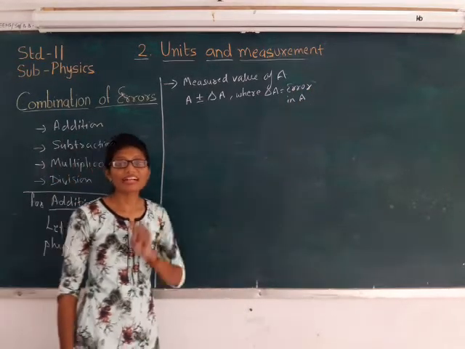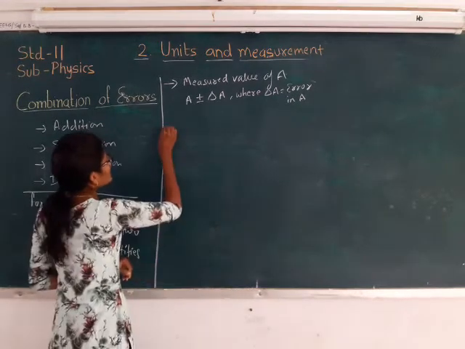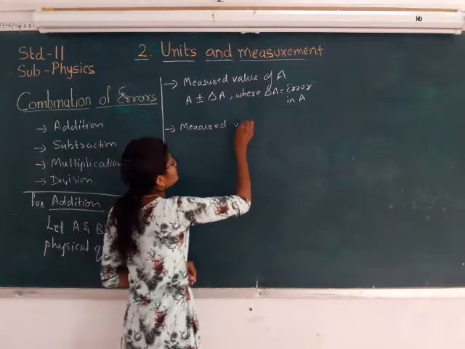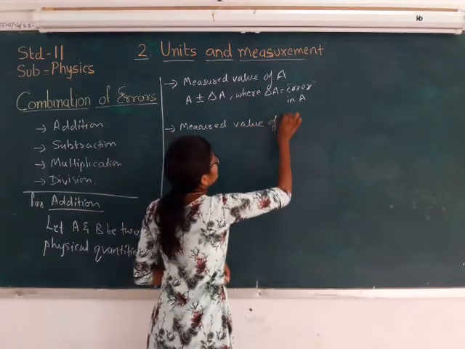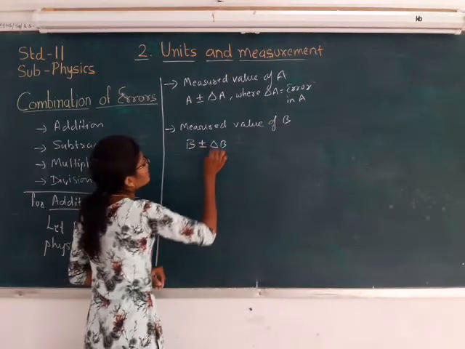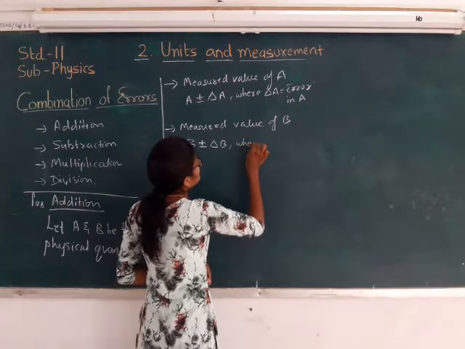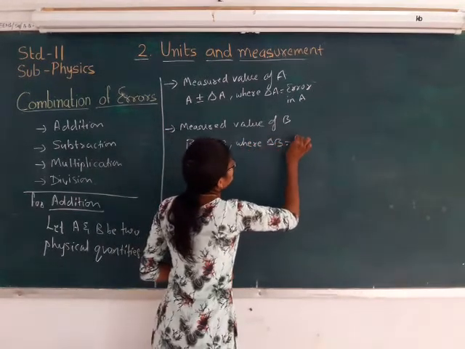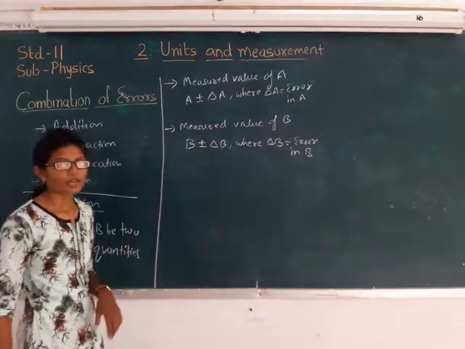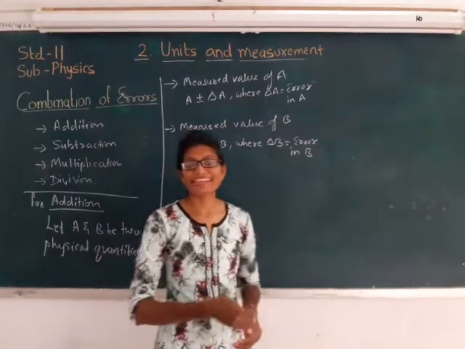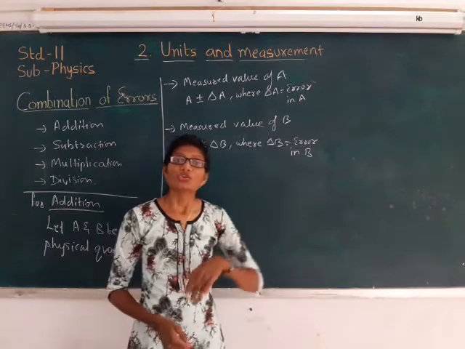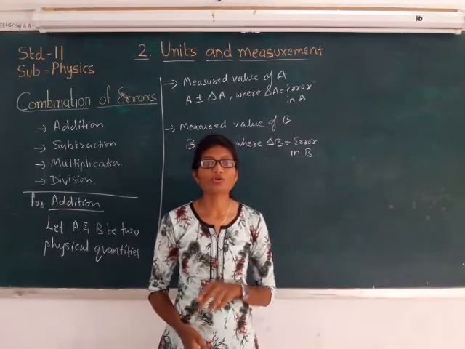In the same way, the other physical quantity, the measured value of B, can be written as B plus minus delta B, where delta B is the error in B, that is, the difference between the true value and the measured value.